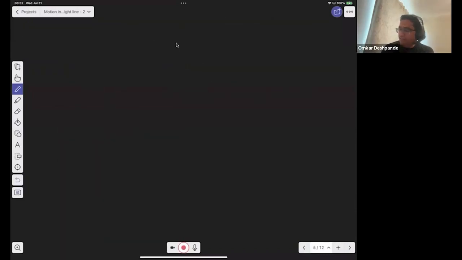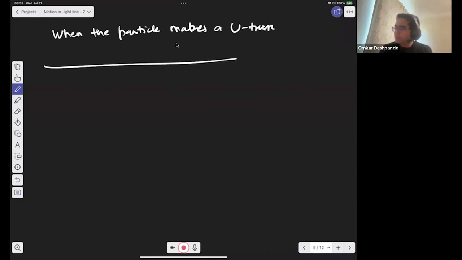along that path, the particle turns around when it makes a U-turn. What will happen is that it's going to go like this and maybe turn around and then maybe go forward again.